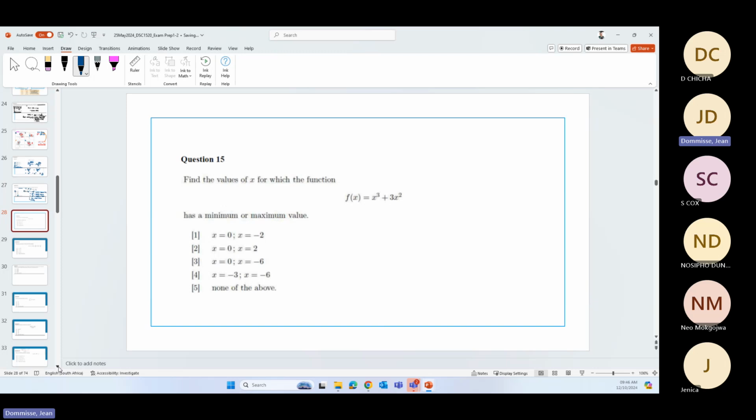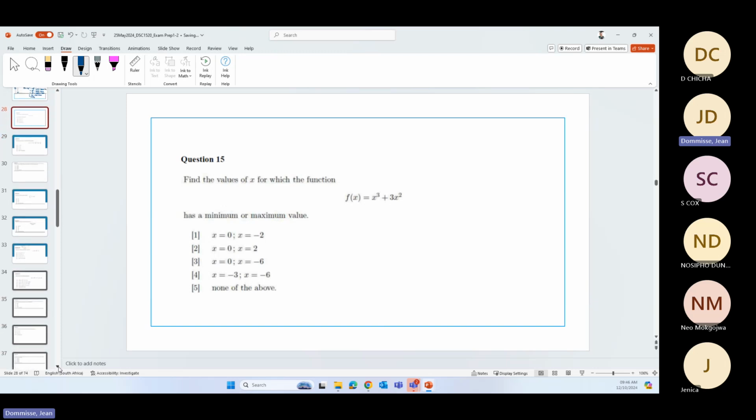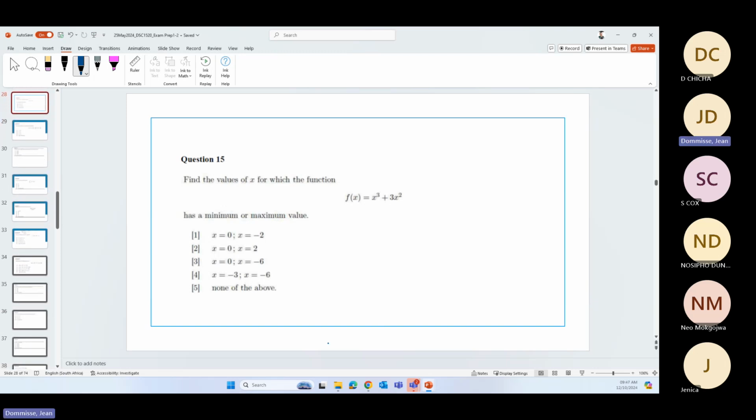And then they do this, where they say, okay, find the values of x for which the function x to the power of 3 plus 3x² has a minimum or maximum value. Okay, so what will you guys do in this instance? So what would you do if you get a question like this?